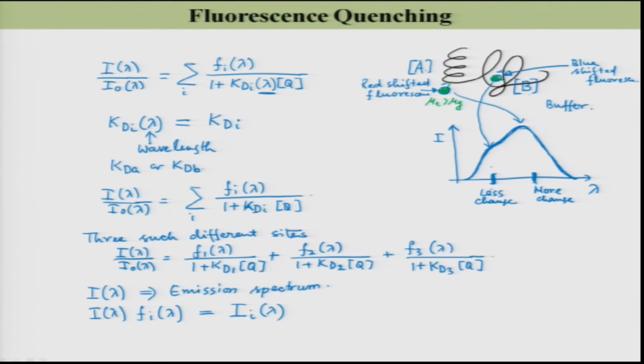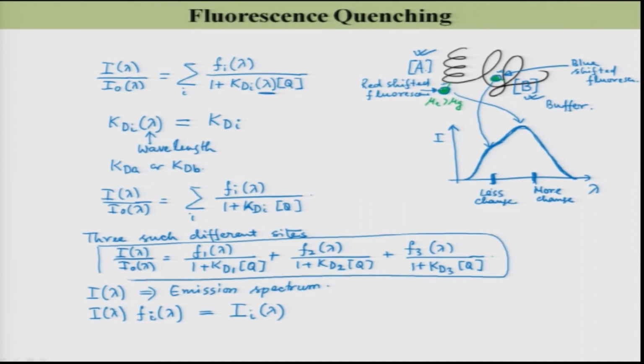It has the component of B and it has the component of A. So, I have measured it together. And now, this F_i is the fractional fluorescence intensity for the ith component, and I will get this I lambda, right.